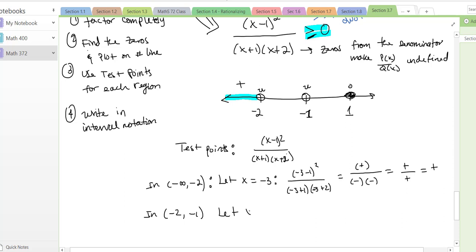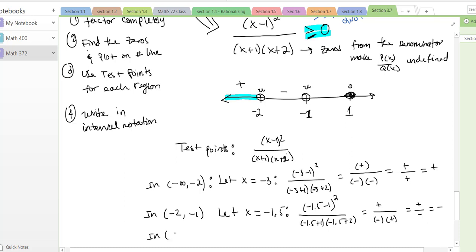So in that interval, let x be -1.5 and plug it in: -1.5 minus 1 squared over -1.5 plus 1 and -1.5 plus 2. The numerator doesn't really matter what we put in, because when you square it, it becomes positive. In the denominator, -1.5 plus 1 is -0.5, so it's negative, and -1.5 plus 2 gives us a positive. So I'm left with a positive over a negative, which is negative. We don't want that, because we're looking for things that are positive. Let's move on to the next interval.